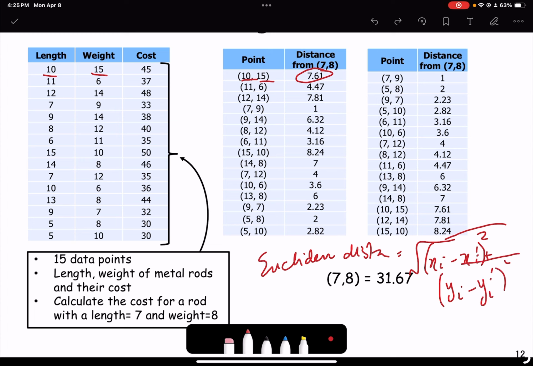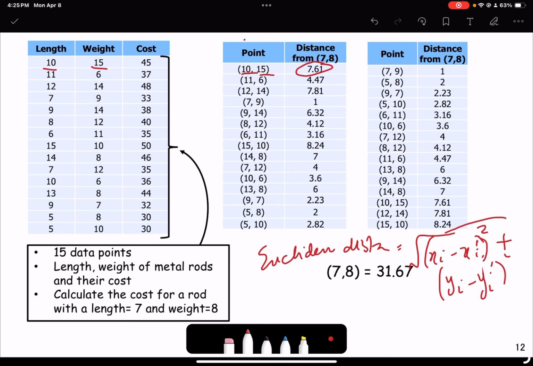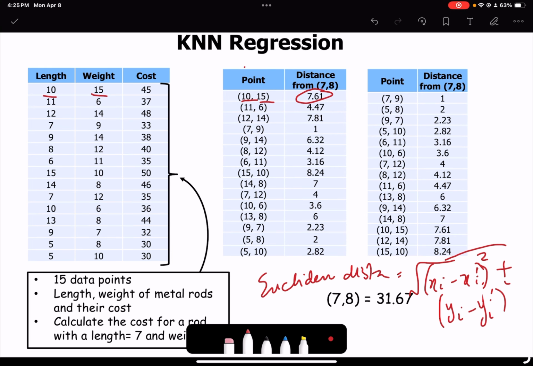When we estimate this value, it comes out to be 7.61.